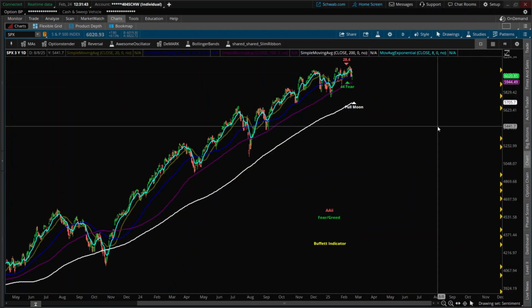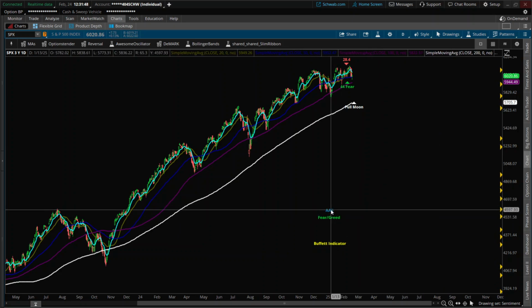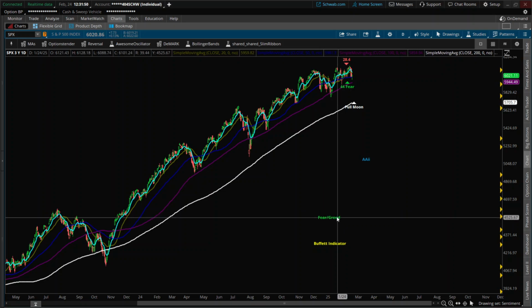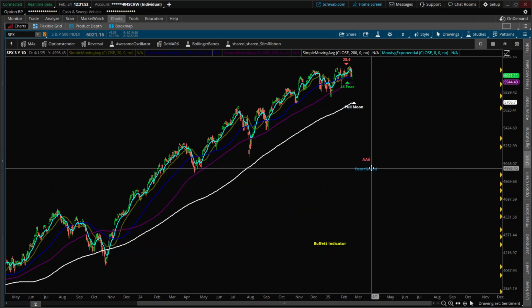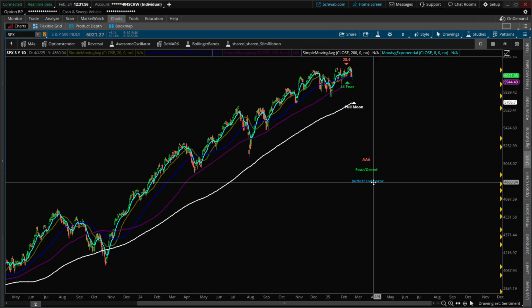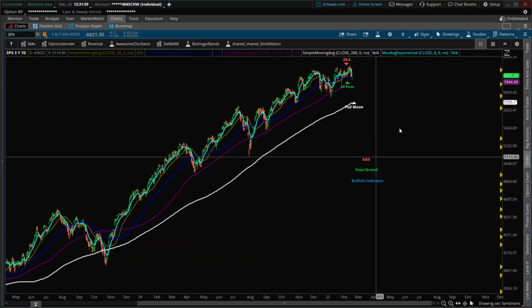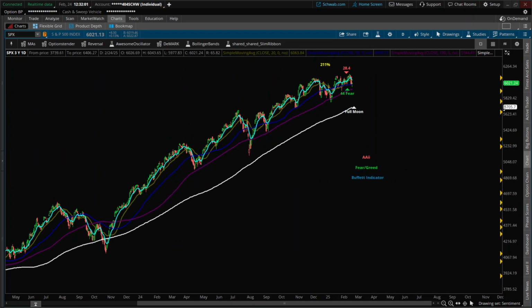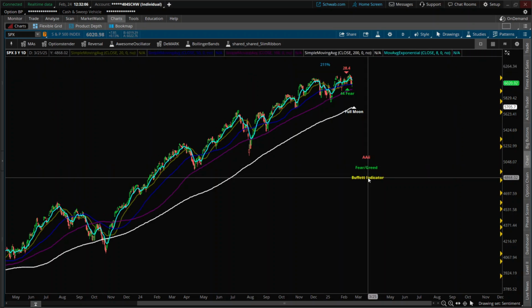We'll probably do that maybe on the weekend video. As of right now, in the red, we have the AAII sentiment indicator. They do that every Thursday. I'm probably not going to track that every single Thursday. And just a heads up, here we have on December 3rd our reading for the Buffett indicator in yellow.